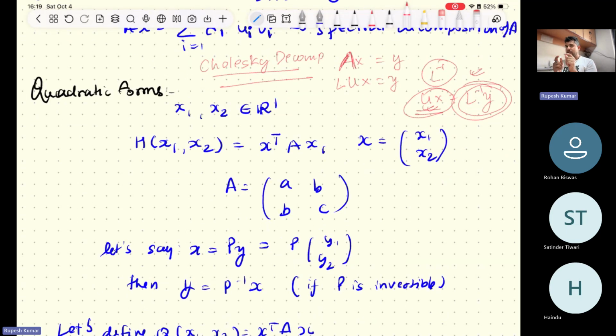If these two conditions are satisfied for a matrix, if it is a square matrix and symmetric, then the Cholesky decomposition is really faster than LU decomposition. And it allows you to solve Ax equals y very fast, right?